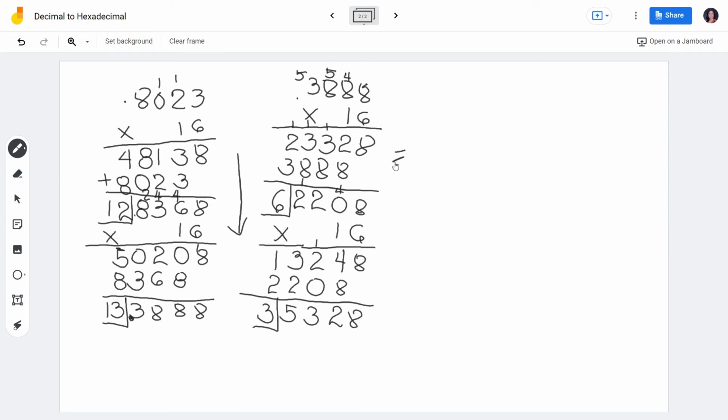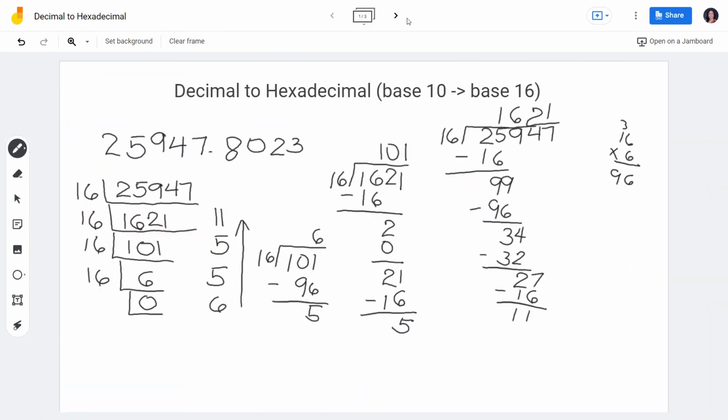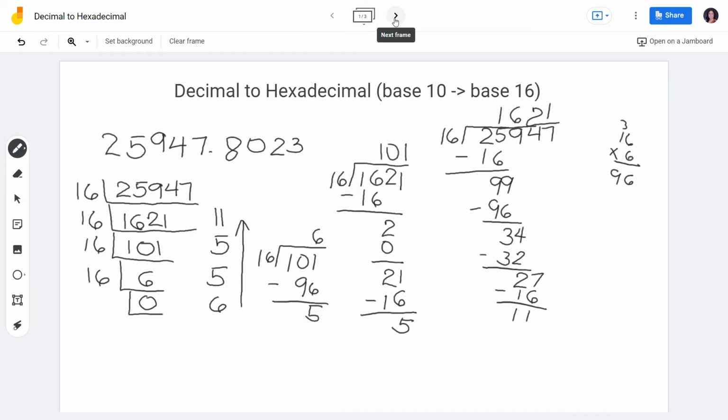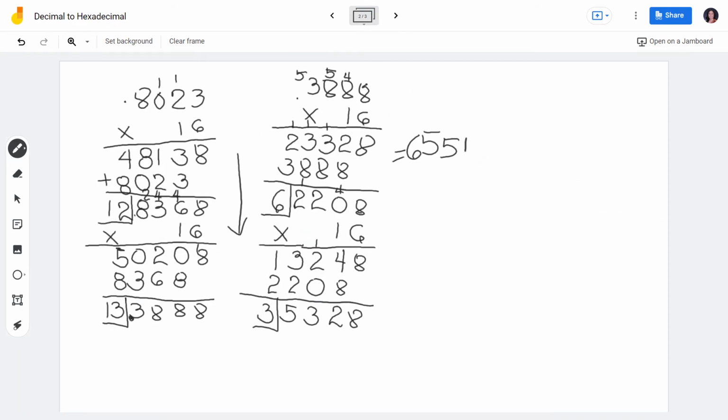So the final answer for this one is 6, 6, 5, 5. So 11 here is equivalent to B. Then 12 is C. And then 13 is D. And then 6, of course, is 6.